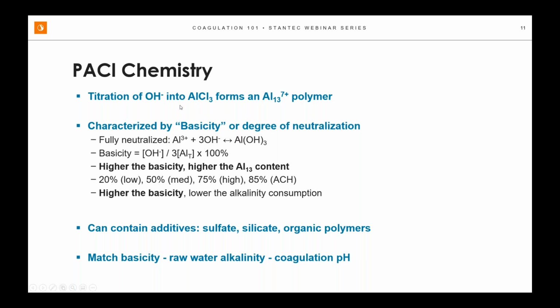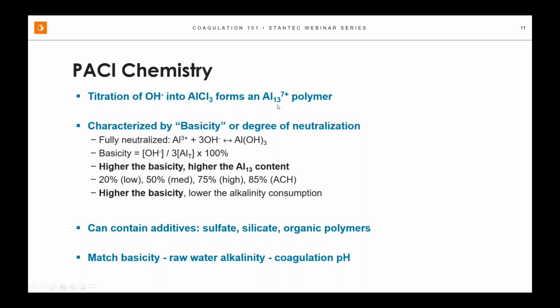So we have to remember polyaluminum chloride is an aluminum chloride solution that has been titrated with caustic, and it's titrated under such conditions as temperature, pressure, and mixing considerations that are really important, but it forms an inorganic aluminum 13 polymer with a +7 charge, okay? So it's got a high charge, and that's what it's known for.